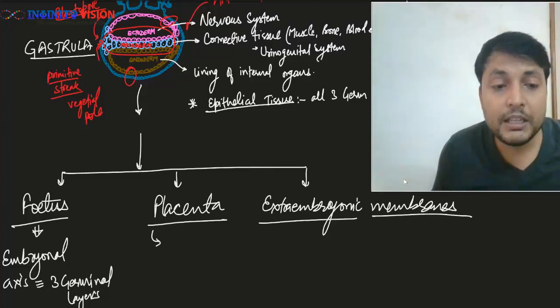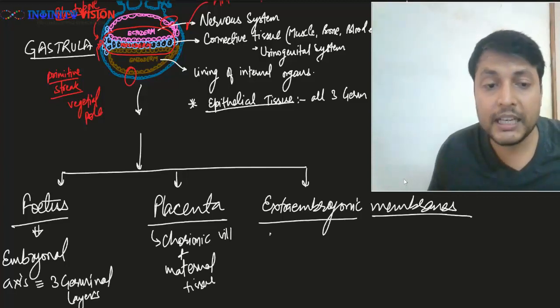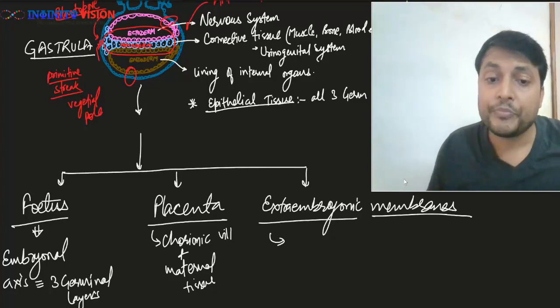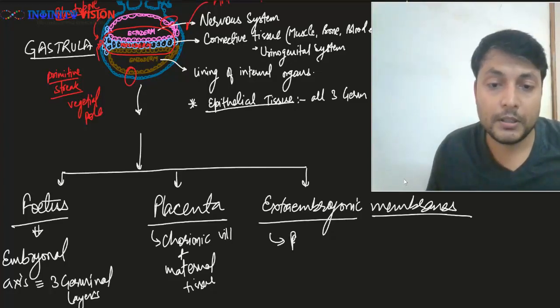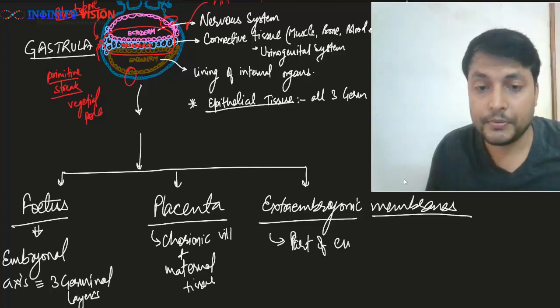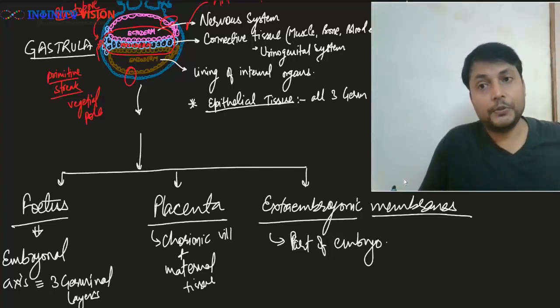Placenta is mainly going to form from the chorionic villi and maternal tissue, while the extra embryonic membrane is going to be formed from the parts of the embryo.